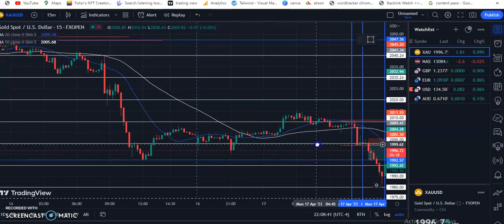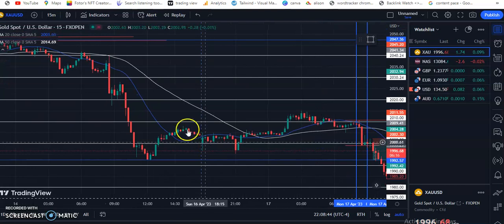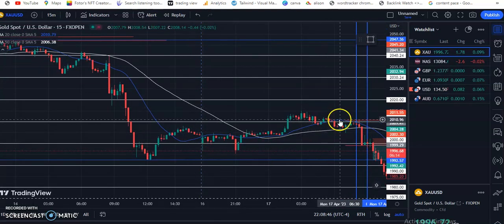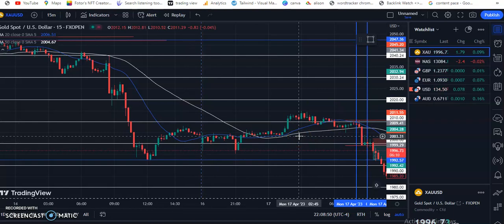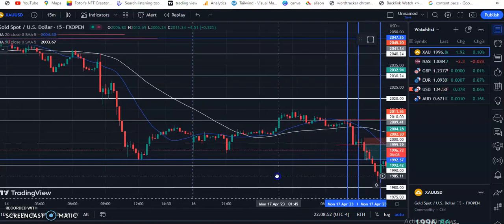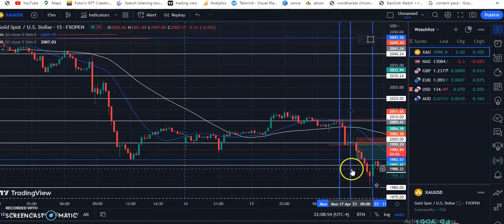Having that bigger picture, that bigger pump and dump setup, all I'm looking for is a continuation.